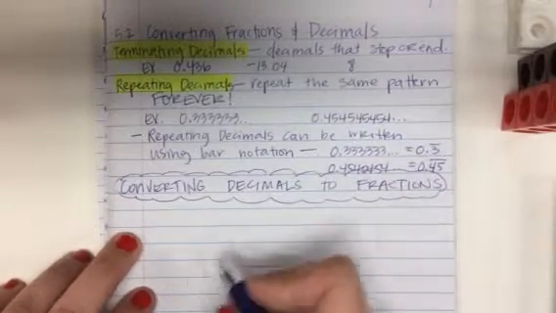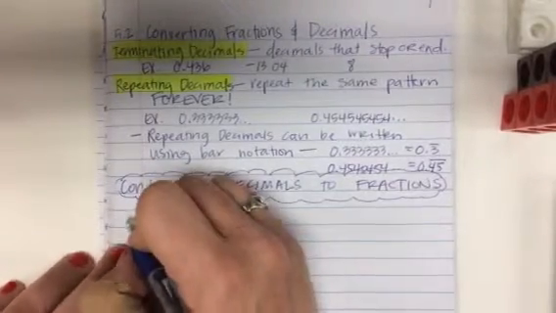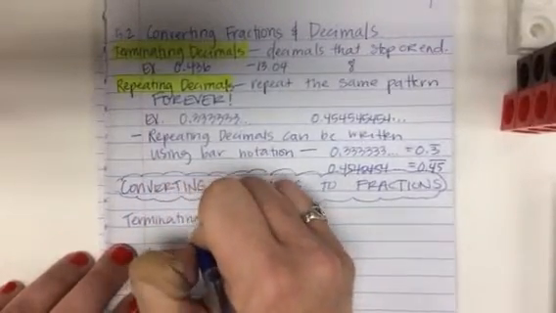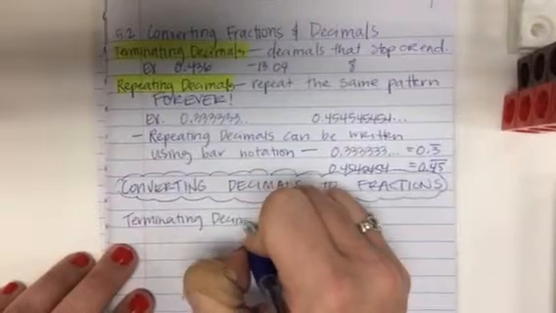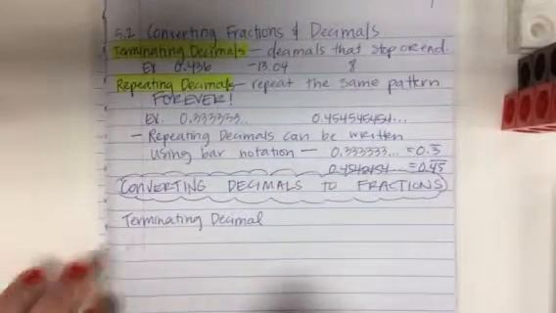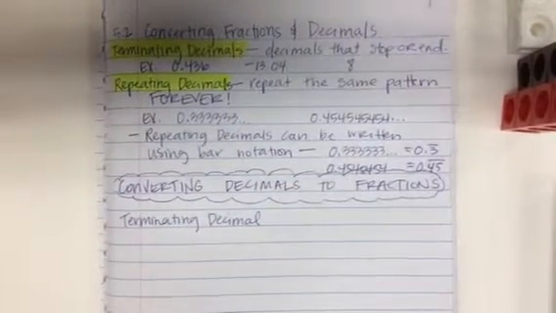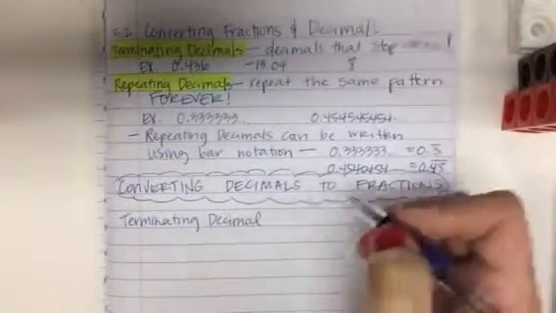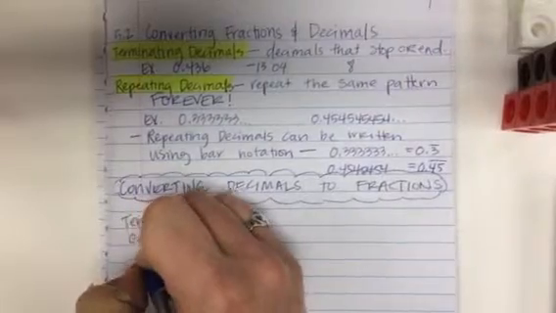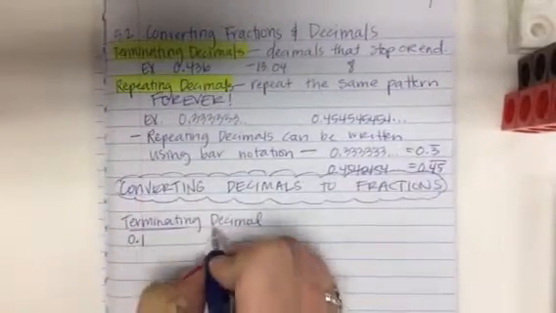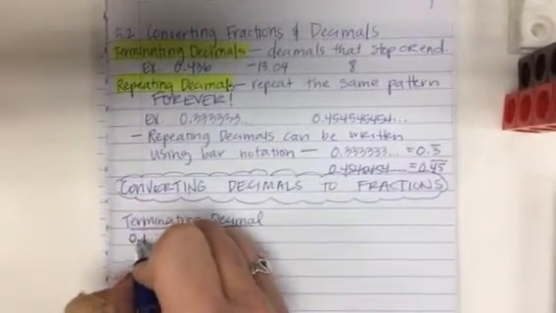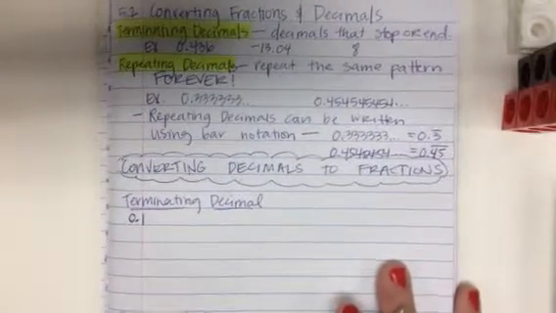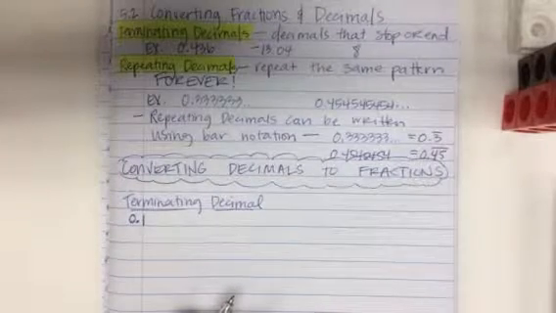Well, remember, there are two types of decimals we've been working with. There's a terminating decimal. And terminating decimals are easy to write as fractions. 0.1. How do you write that as a fraction? 0.1. Kat, how do you do it? 1 over 10.